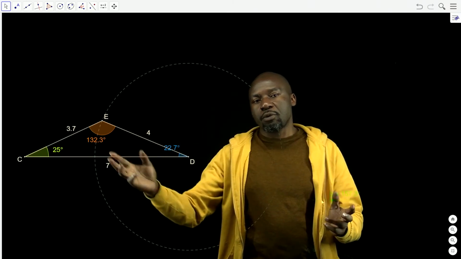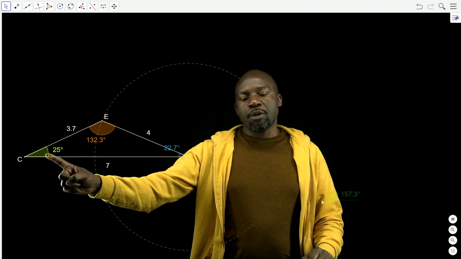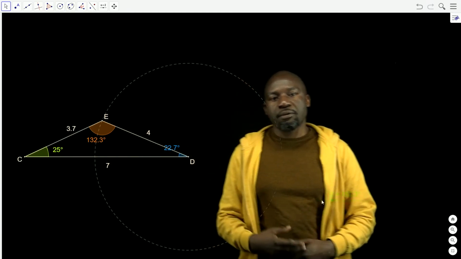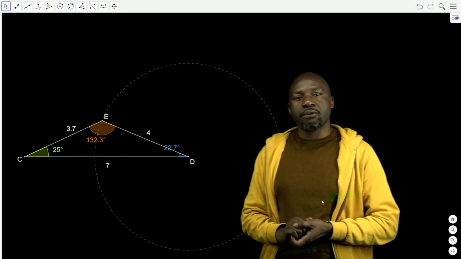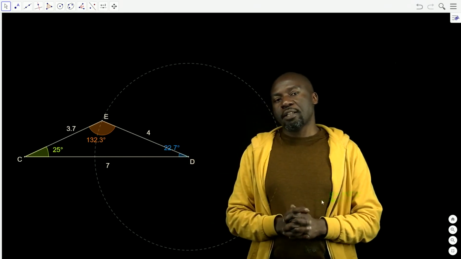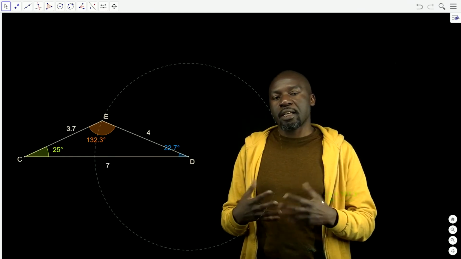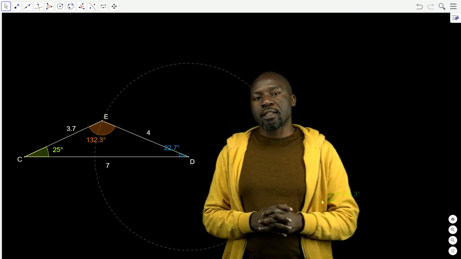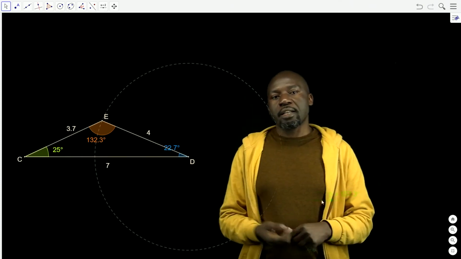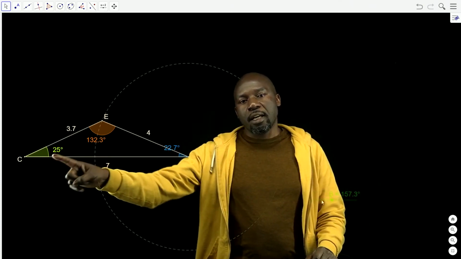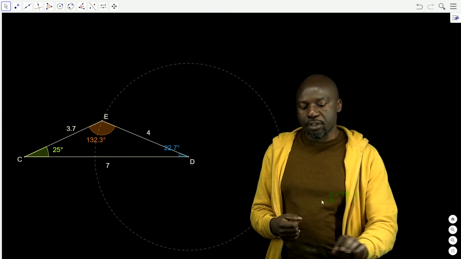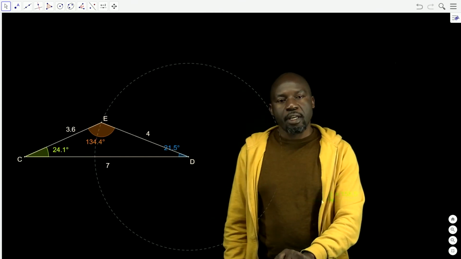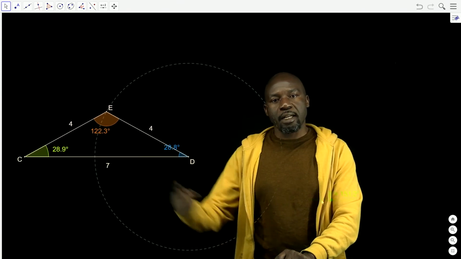So given the information of angle C being 25, side CD being 7, and DE being 4, is not enough to tell us the exact shape or size of that triangle. We've had a case where we have 4, 7, and 25 degrees, but now side CE is 3.7 units. The previous case, let's just get back there, the length of CE was 9.